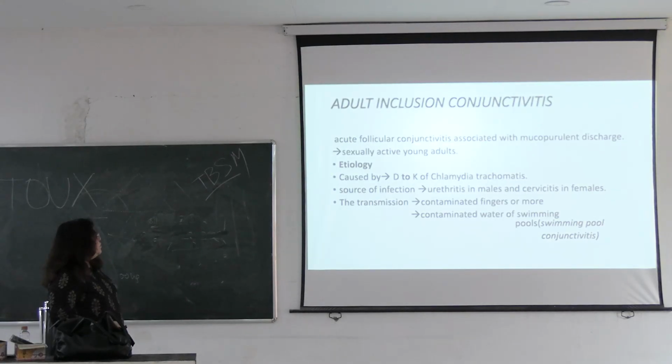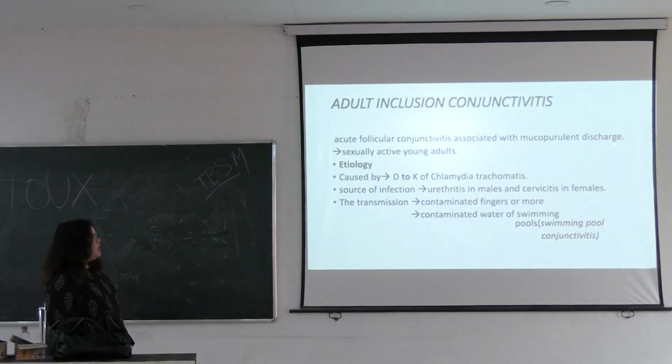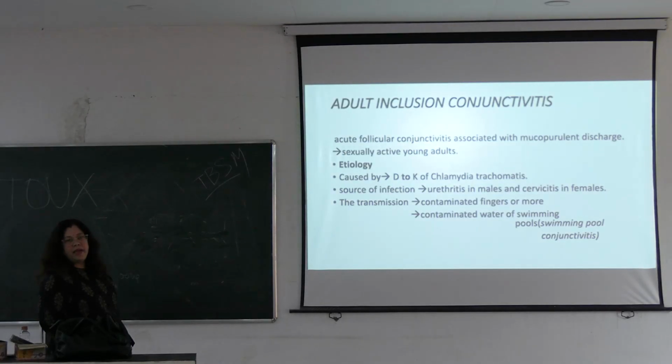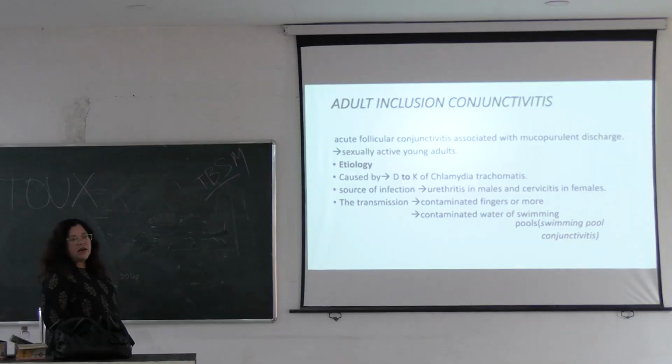It is also a follicular conjunctivitis, and if secondary bacterial infection occurs, then mucopurulent discharge is present. It is most common in sexually active people in the young age groups, and males suffer from urethritis and females suffer from cervicitis.